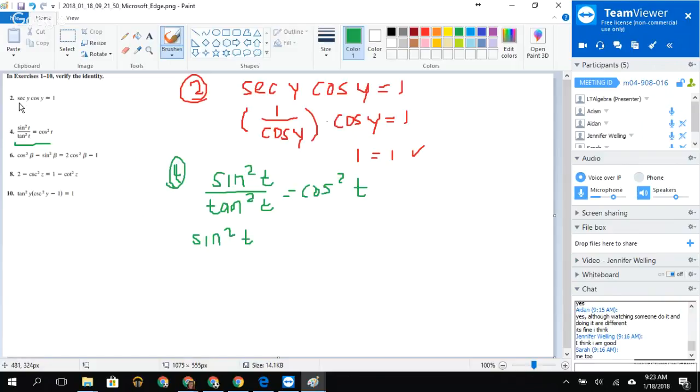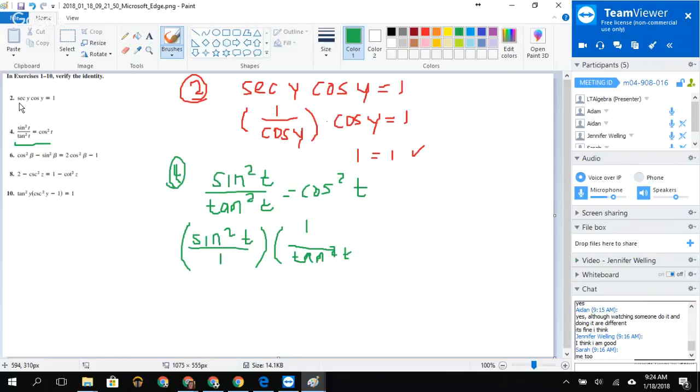Sine squared of t, I'll leave that alone. I'm going to break my fraction up, so I'm just going to put that over 1 to be really clear. And then on my denominator, I have the tangent squared of t. I know that the tangent is the sine over the cosine.